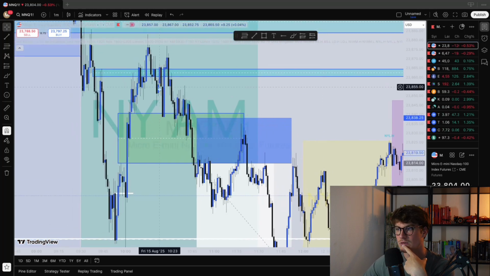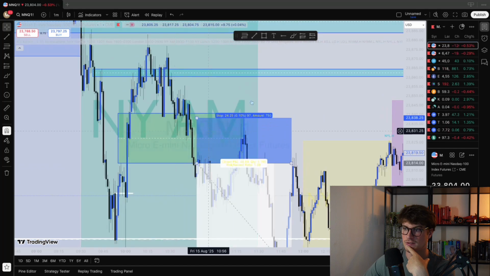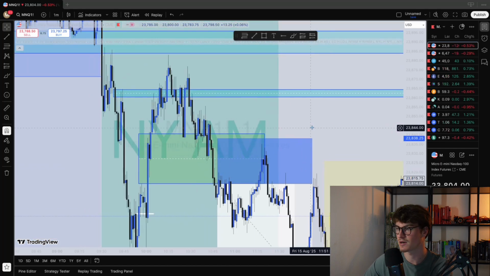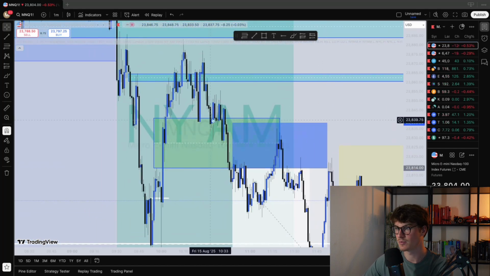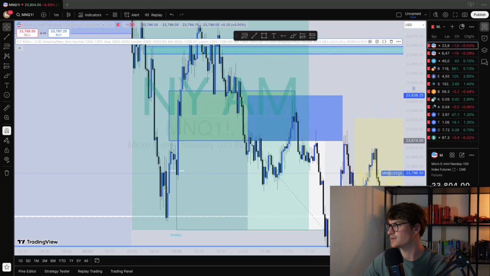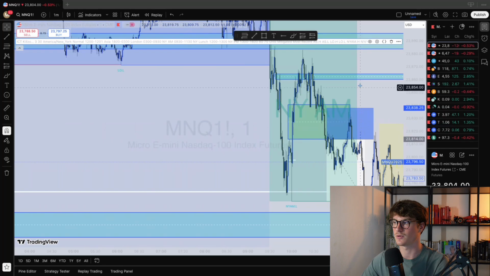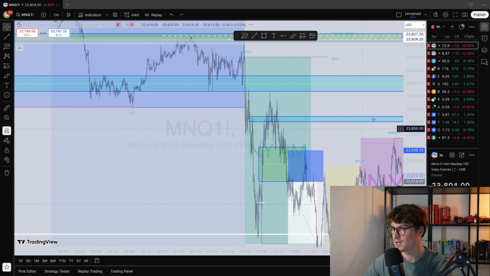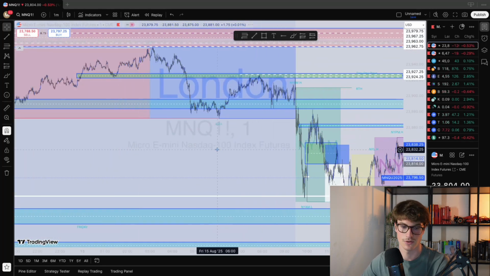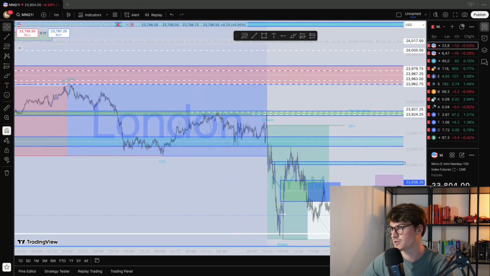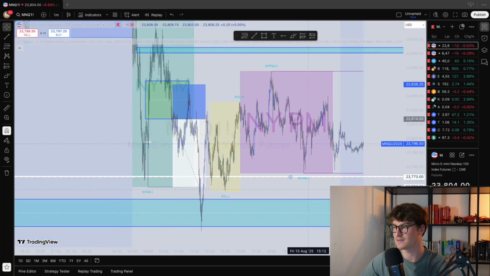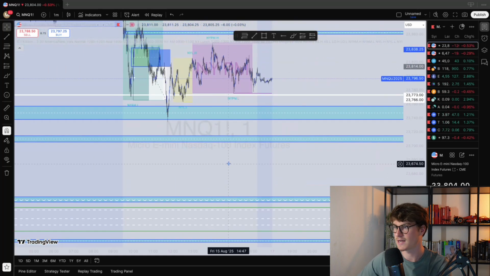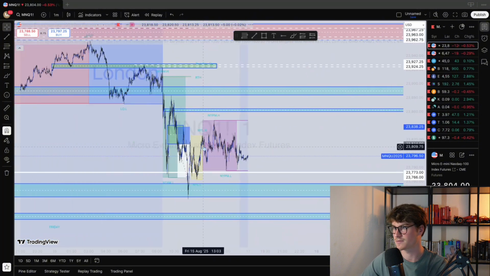So you can see how market structure can help you see where the trend is going. On the 5 minute, we're still trending lower. On the 1 minute, we broke the structure and we closed below the gap. So market structure is very simple, and it can be understood in an easy way. It's just a combination of highs and lows, and you can see where it breaks.